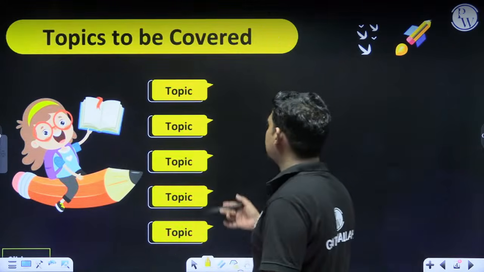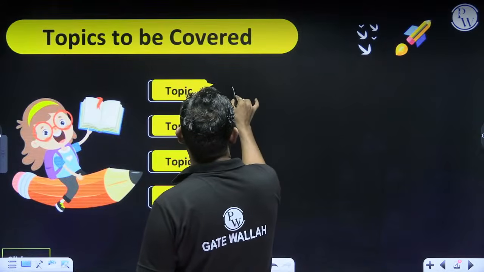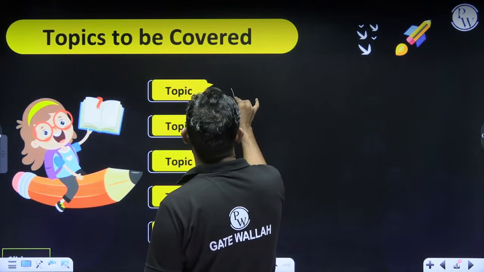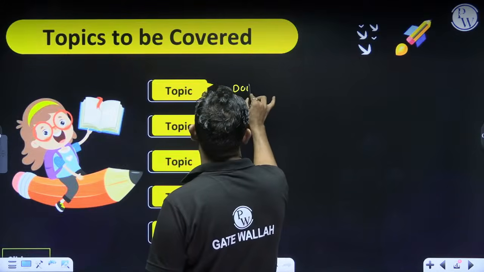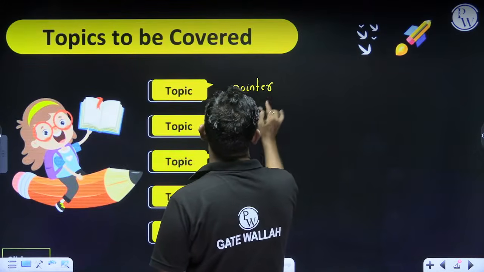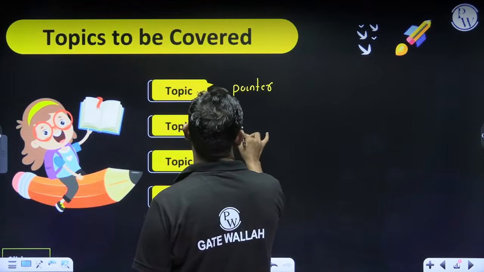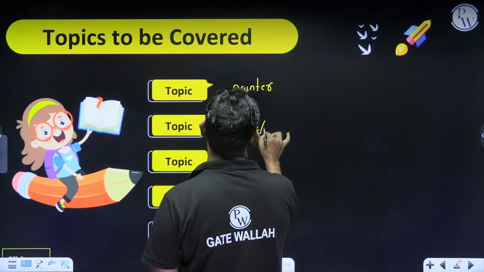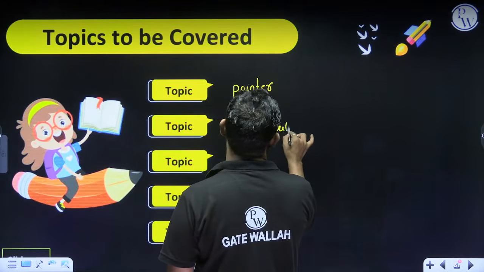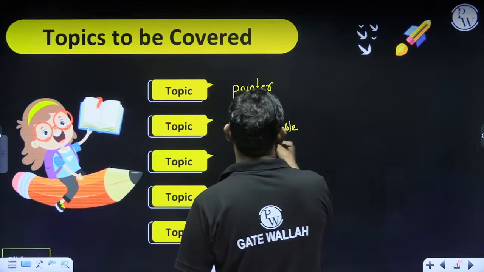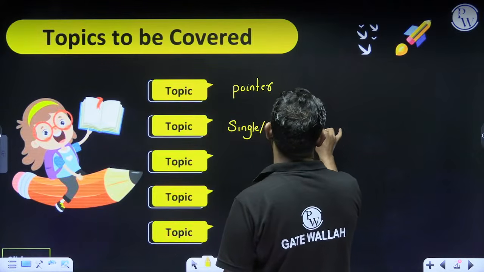Today we'll see the pointer. We'll see a single pointer and double pointer. Triple also we can see, but it will be more for one day. Single or double pointer we will see.